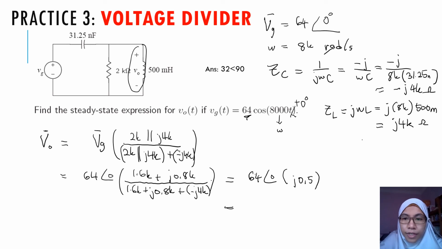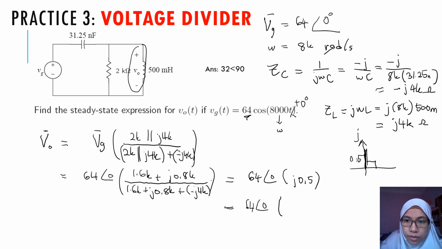And this j 0.5 basically is here. This is j, 0.5 is the amplitude with 90 degrees. So 64 times 0.5 with 90 degrees. So 64 times half, you have 32, with 0 plus 90 degrees.